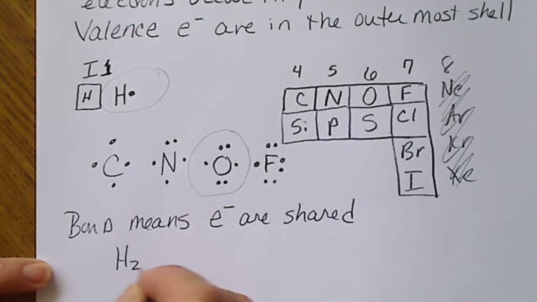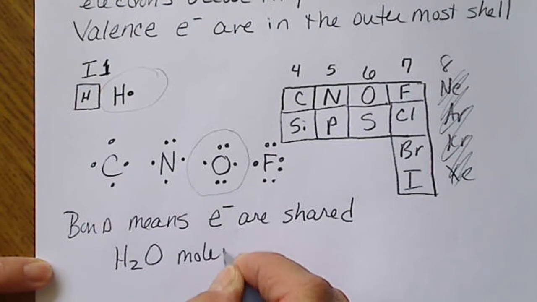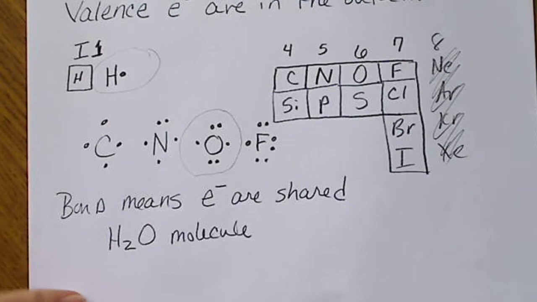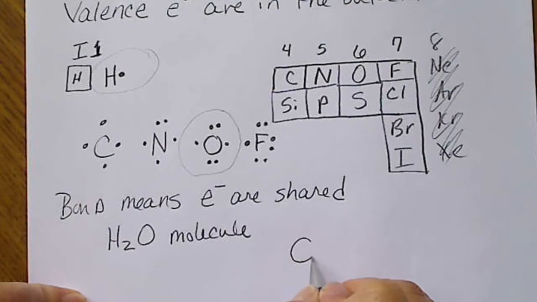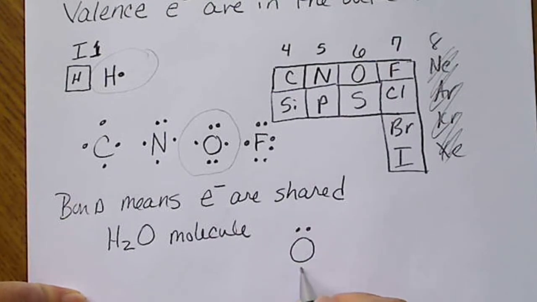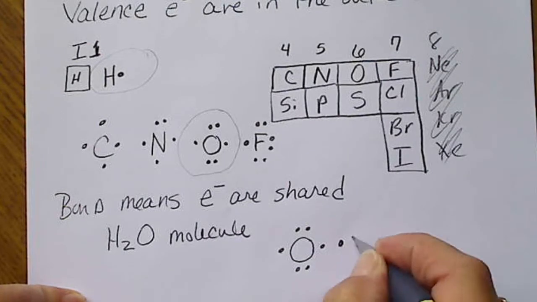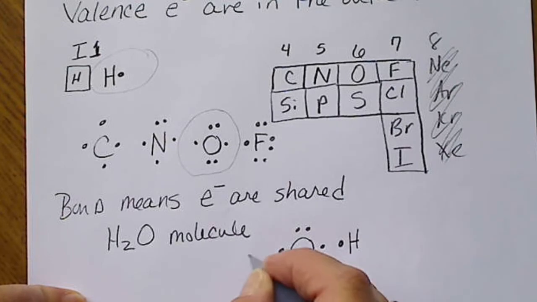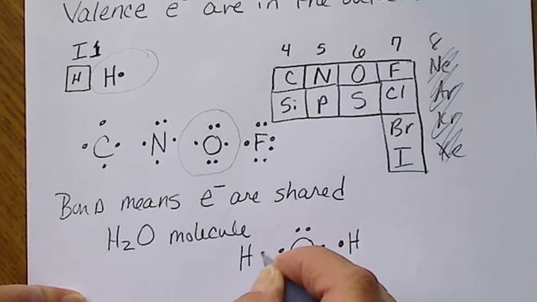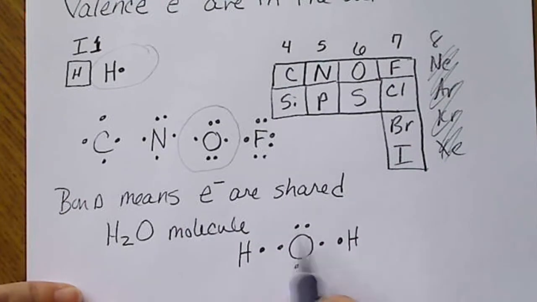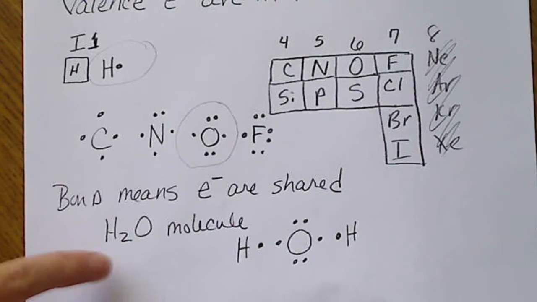So the H2O molecule. If I write oxygen, oxygen's in group 6, so it has 6 electrons around it, and then each hydrogen has 1 valence electron around it. So if I write that, then this is what the water molecule would look like.